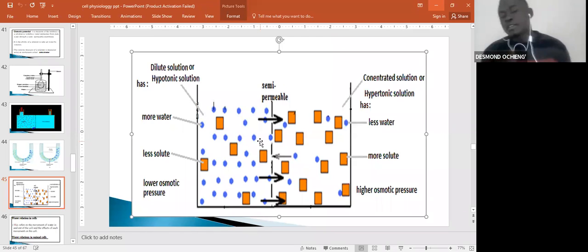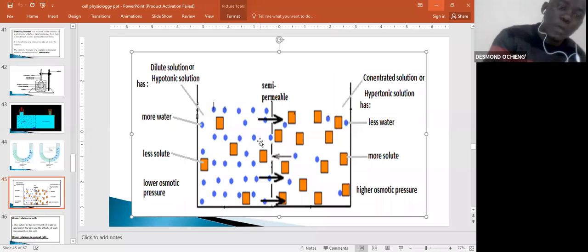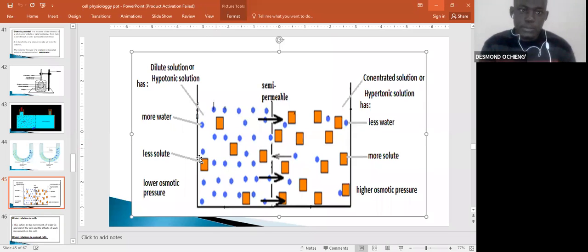For those of you who didn't understand what hypertonic and hypotonic solutions are, you can now see. A hypertonic solution is a solution which is highly concentrated, while a hypotonic solution is a solution which is lowly concentrated, or the dilute solution.